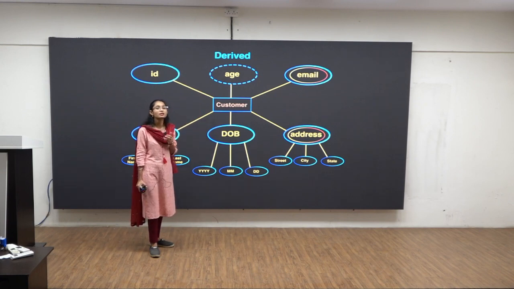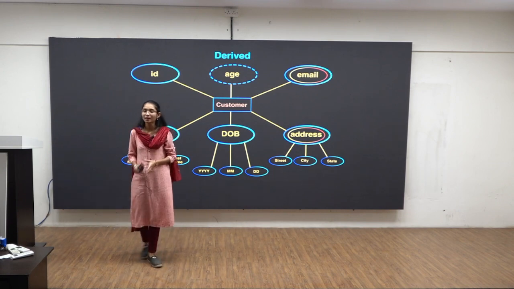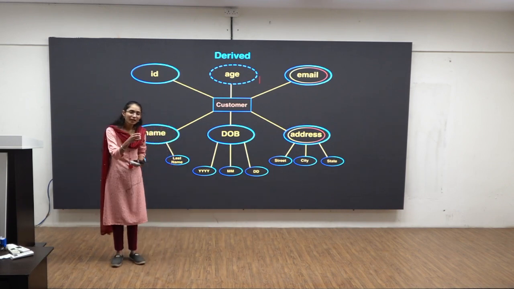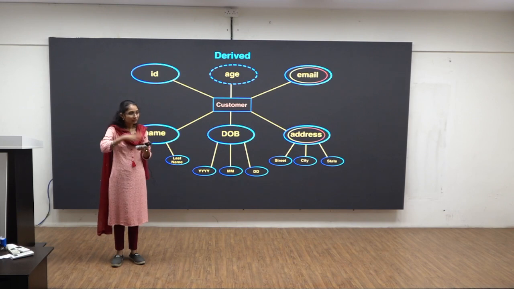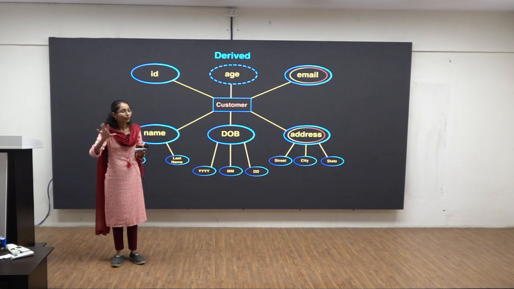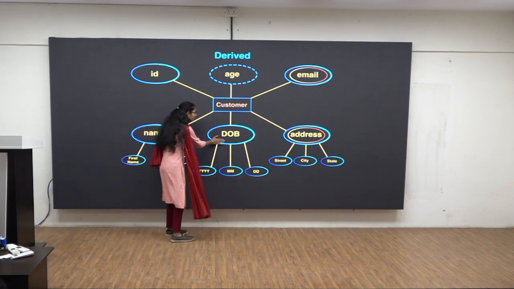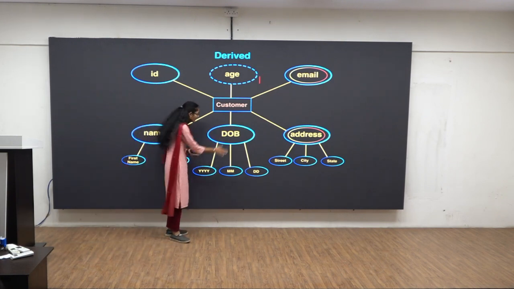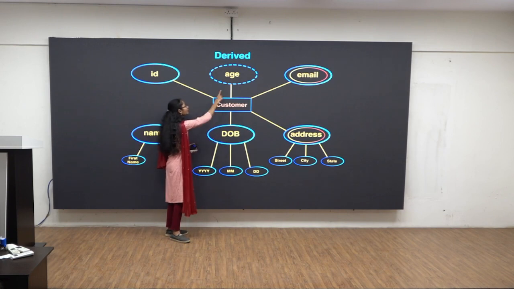Now, why is age called a derived attribute? First of all, what is a derived attribute? Understand, I have one attribute. From that attribute, if I can take any value or any information, that becomes a derived attribute. For example, I have a date of birth here. By keeping this date of birth, can I get the age value?